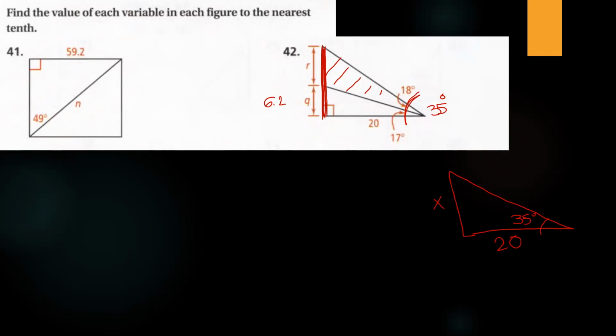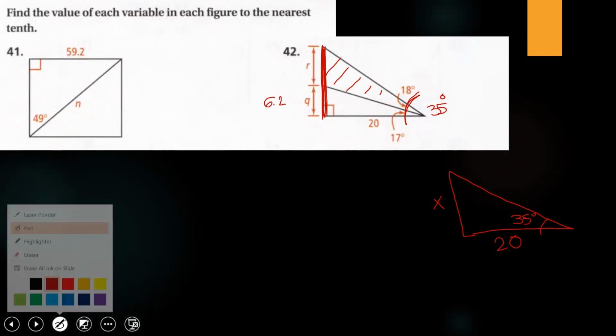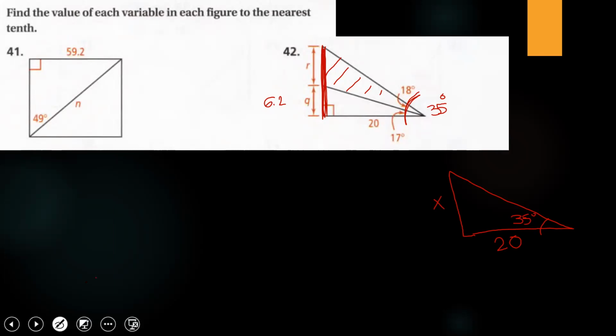It's different from the small triangle. So I have this 35, I have 20, and I want to find X. As I know before, I have an opposite and an adjacent for the angle 35, so I have to use tan.